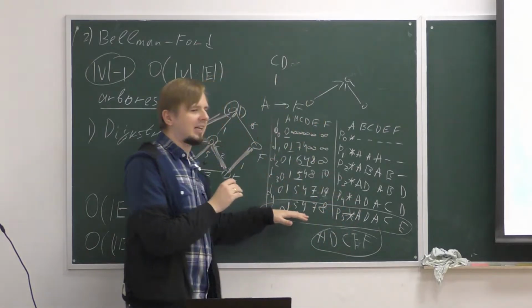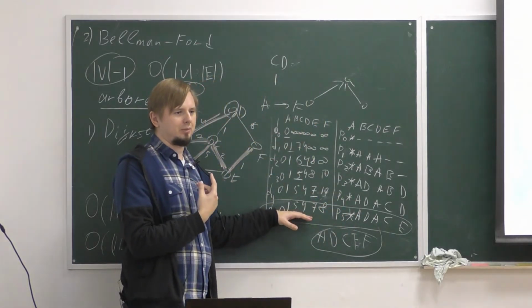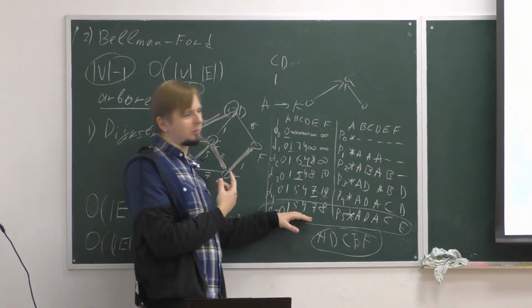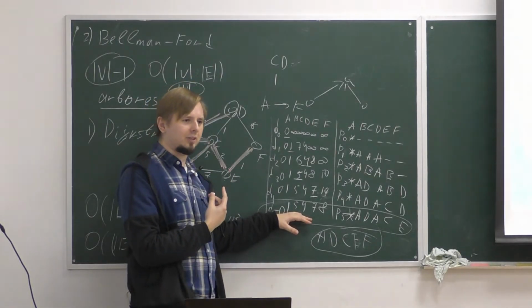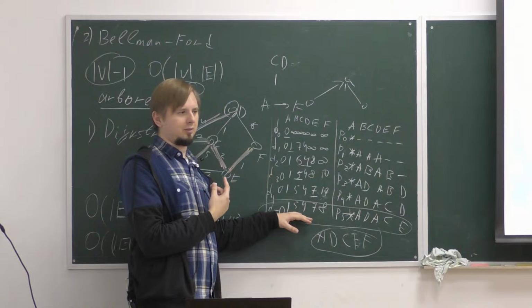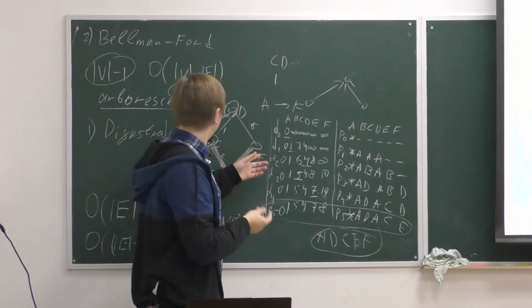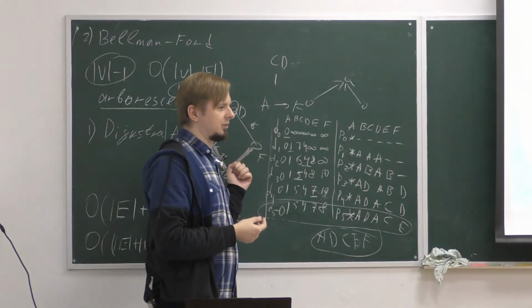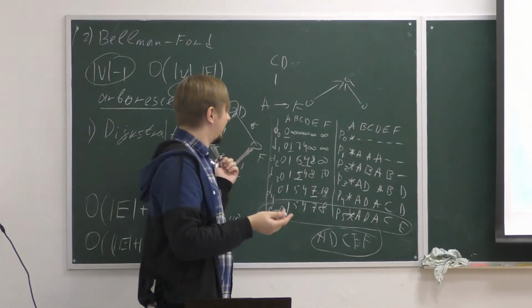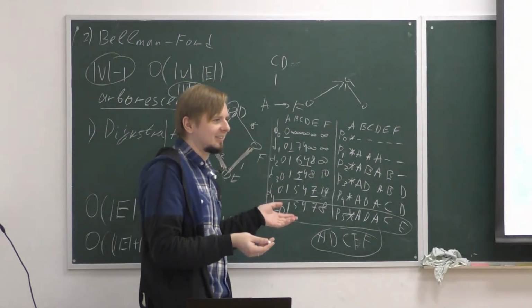Just by one additional step, we determine if there is a negative cycle in our graph or not. The Dijkstra algorithm is only for positive weights. But if you have a negative cycle, you have negative weights.